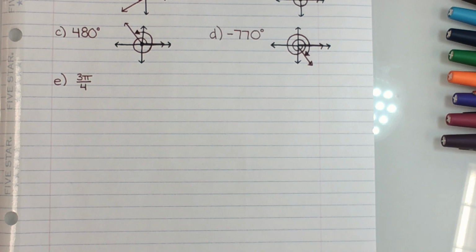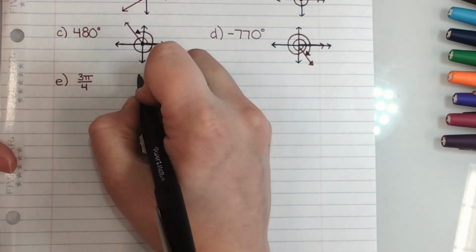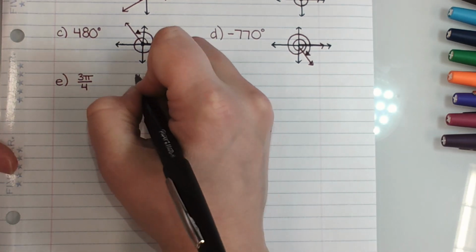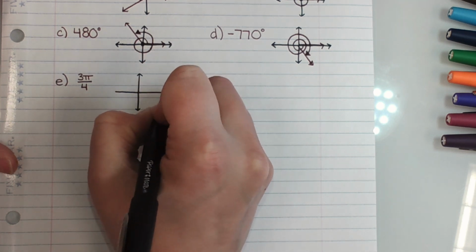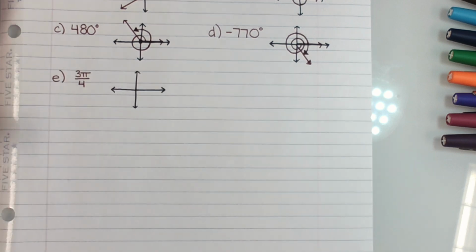And 3, just because you're less familiar with radians overall. The same general principles apply. Clockwise or counterclockwise? It's positive. We're going counterclockwise.